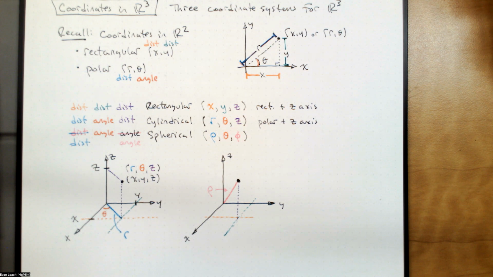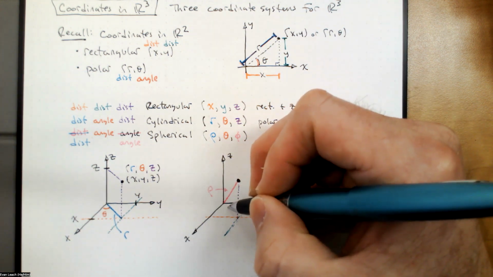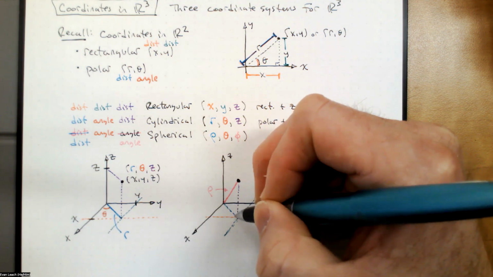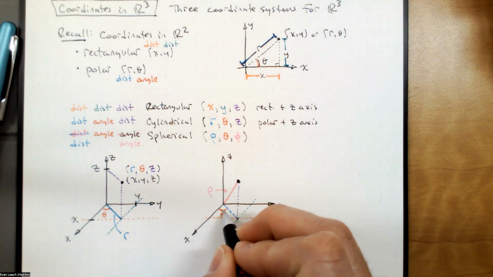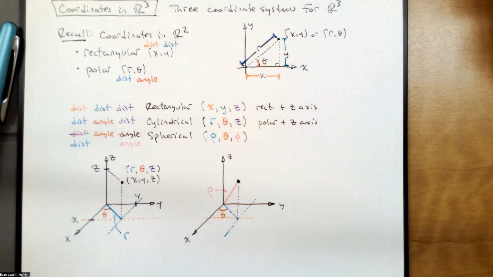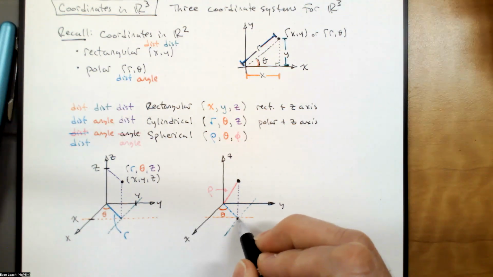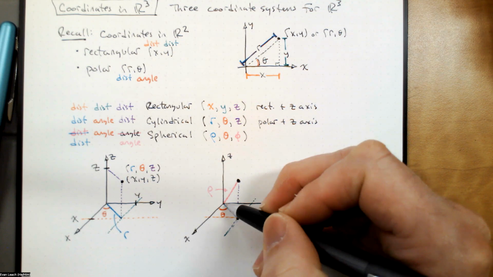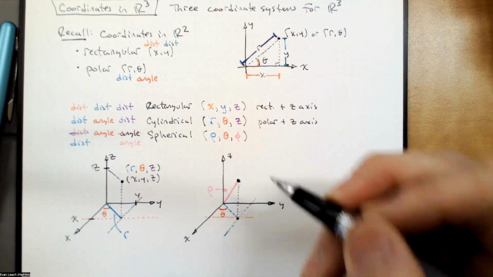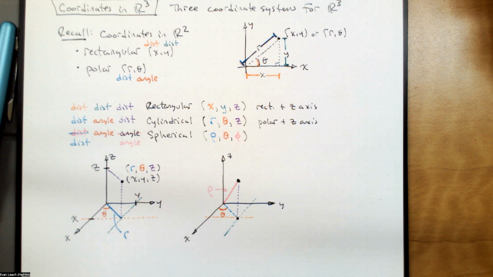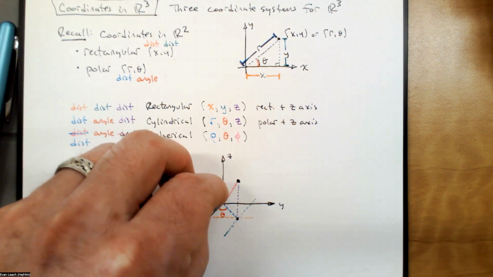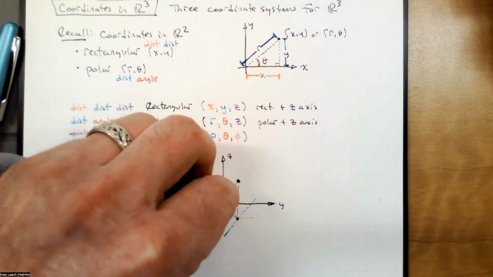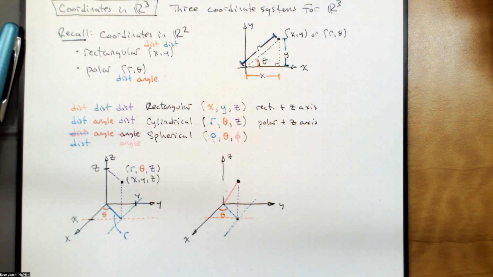We still care about this point on the floor because that is still how we find theta. But instead of using the distance from the origin to the point on the floor and then the distance going up to the point, rho is the distance from the origin to the point, and that's the only distance we're going to use. These are spherical.